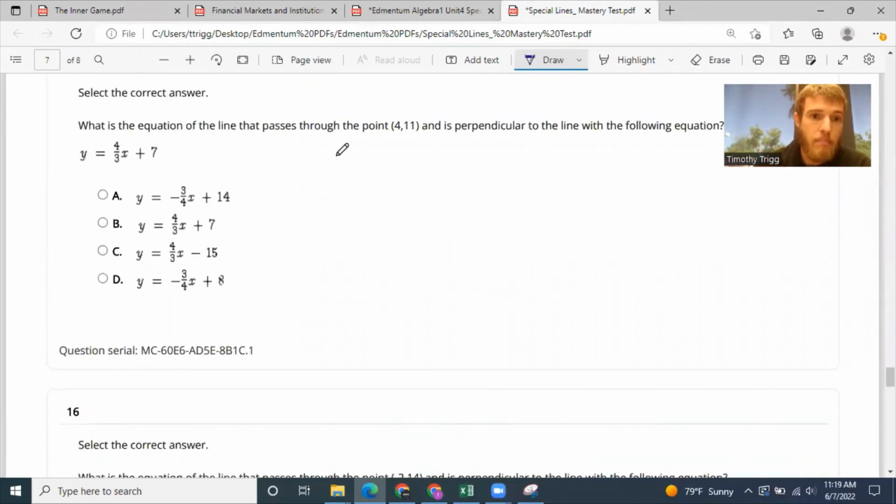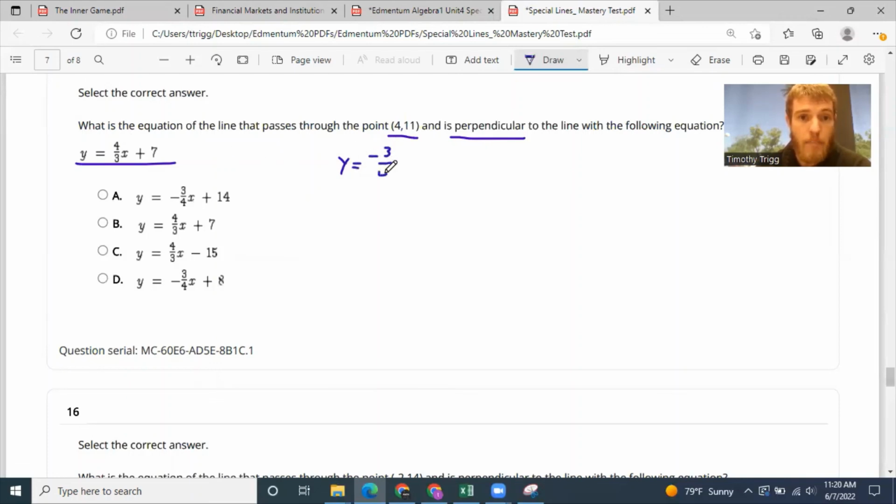Which equation of a line passes through the point (4, 11) and is perpendicular to this one right here? Well, first of all, since it says it's perpendicular, I'm looking for a line with the opposite reciprocal slope. So our answer should have a slope of -3/4.